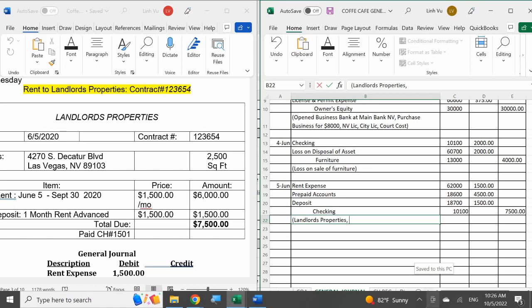So if for any reason this landlord decides to come back at you and say, no, you need to pay for rent, you can come back at them and say, no, I signed a contract right here stating that I am supposed to be renting this place from June to September.